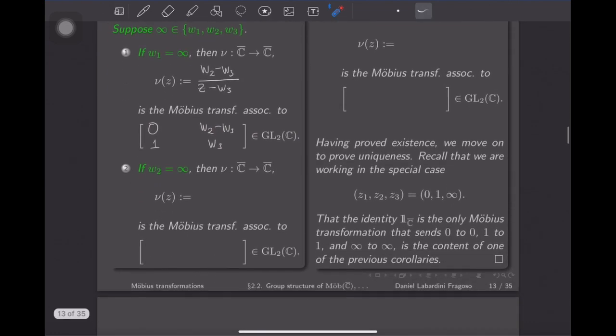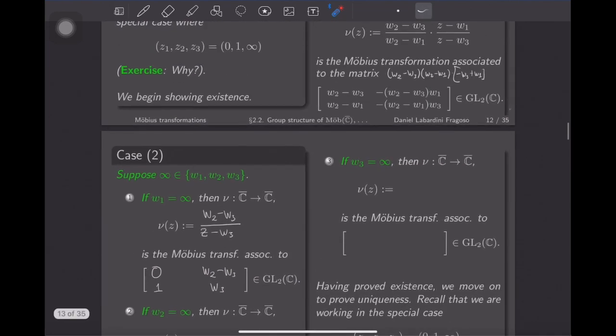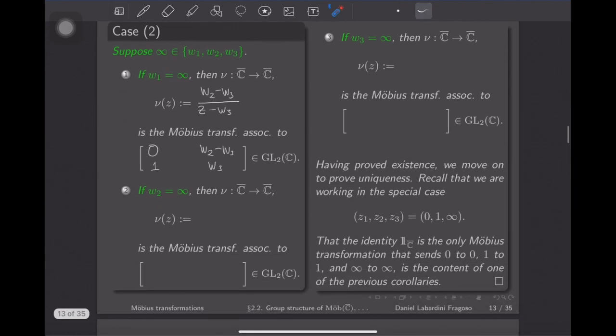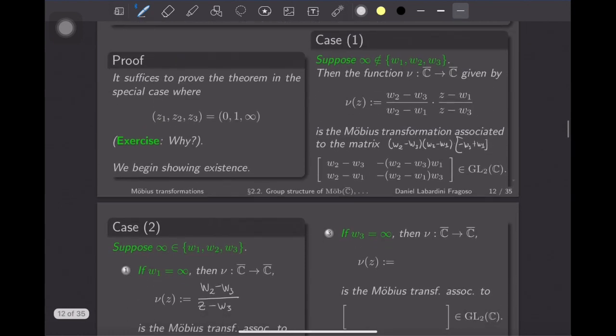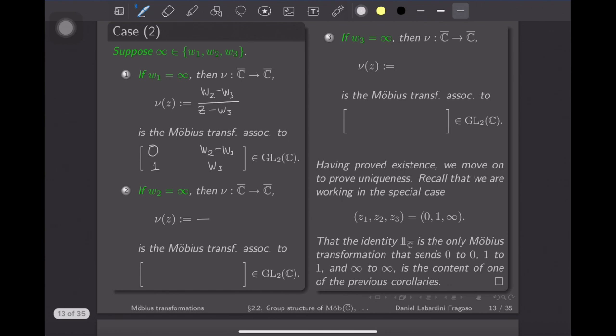Okay, if W2 is infinity, so remember 0, 1, infinity. So W2 is infinity. So I still want W3 to go to infinity, so Z minus W3.